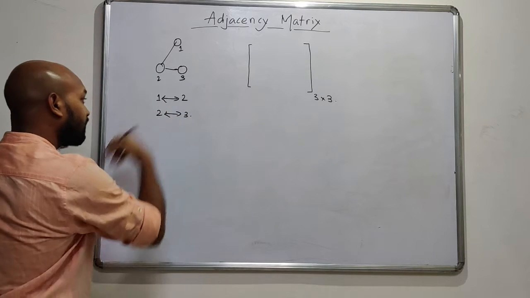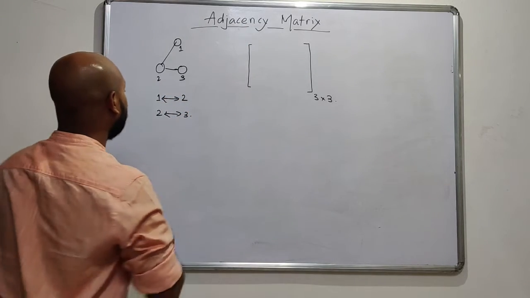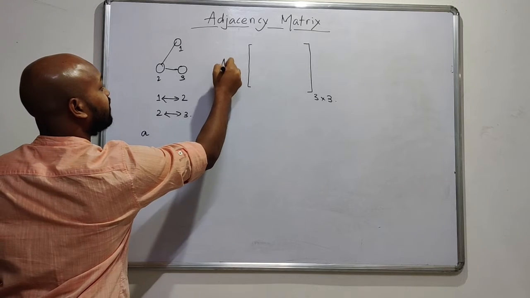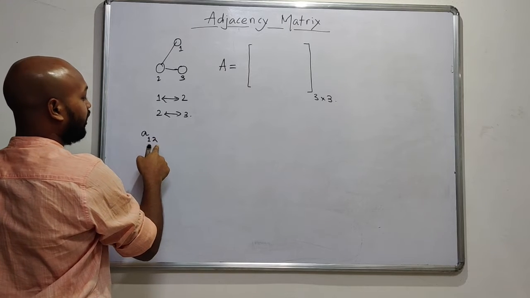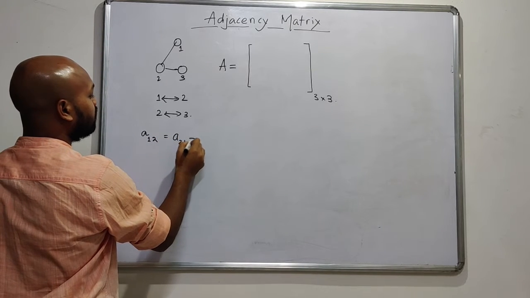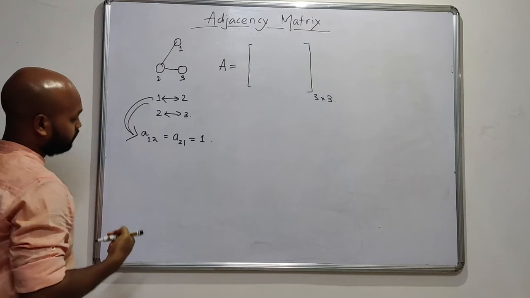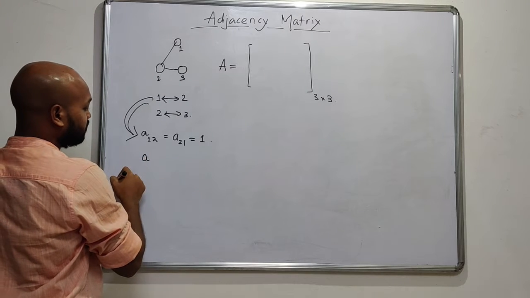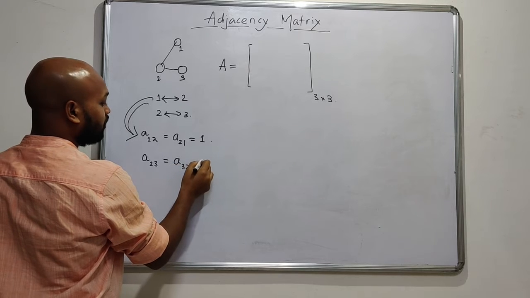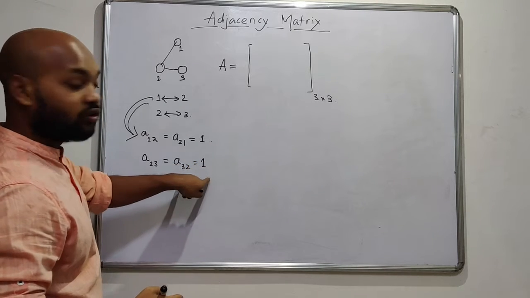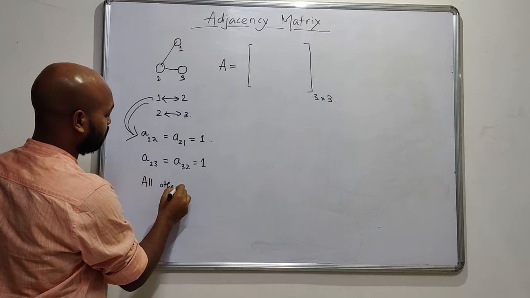And thus the adjacency matrix is formed in the following way: let's say this matrix is A, the entries A12 and A21 are going to be 1 because of this particular connection between 1 and 2, and the entries A23 and A32, these entries are also going to be 1, and all the other entries are going to be 0.